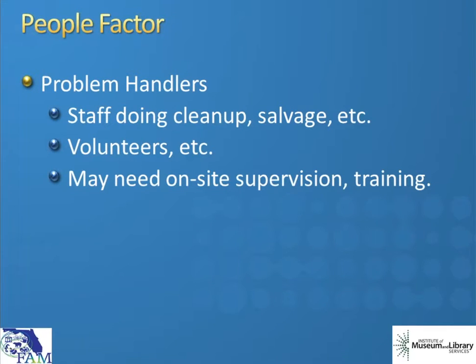In a university setting like mine, somebody's got to communicate with facilities, they've got to communicate with security, they've got to communicate with the library administration, things like that. All the while, you're picking up all these wet boxes and trying to move them and trying to salvage things. But whatever the arrangement, you have to fill these out in your emergency plan.